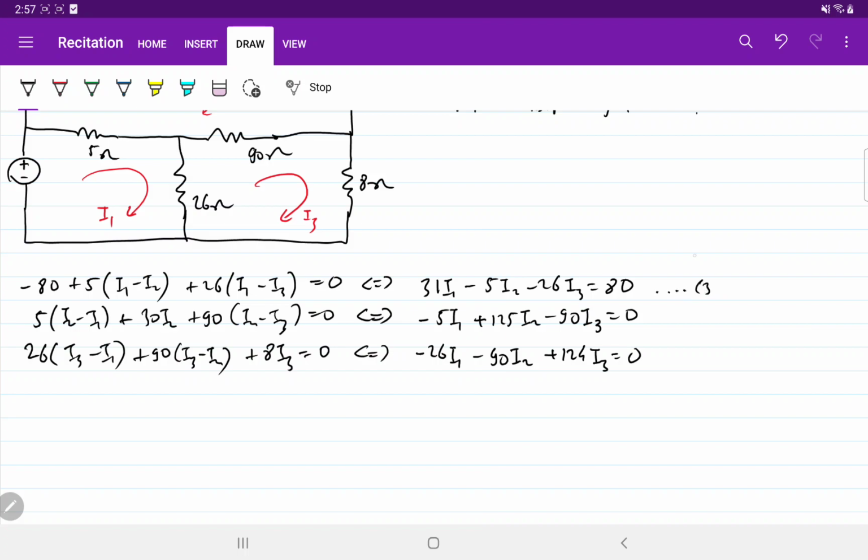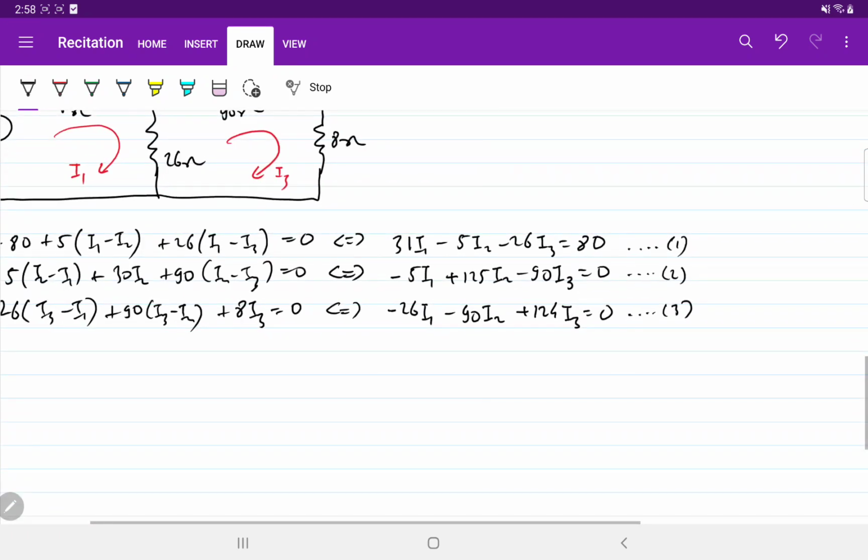Alright, we have three equations. Let's call them number 1, number 2, number 3. We have three equations, we have three variables, so we should be able to solve this linear system.